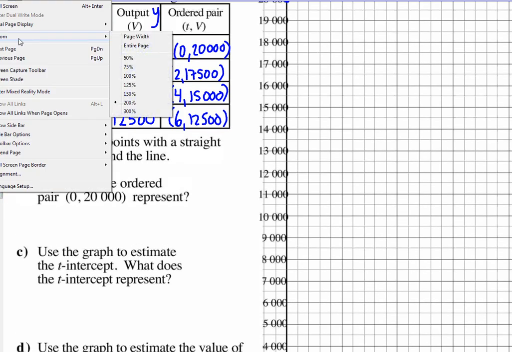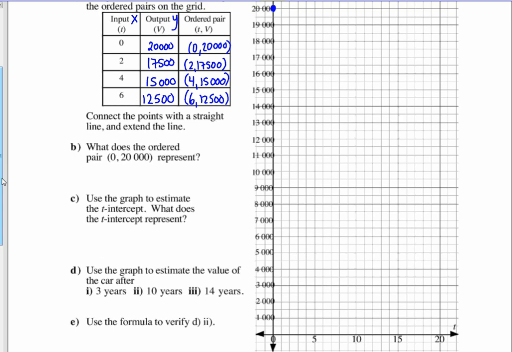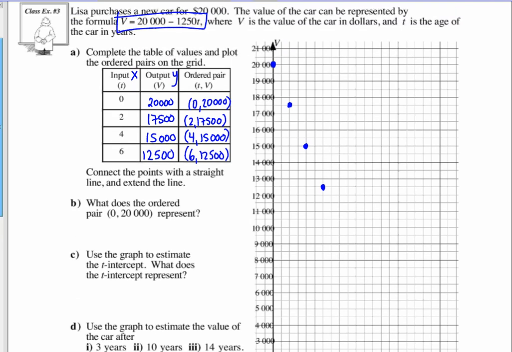I'm going to change my view. Okay, 2 is 17,500. 4 is 15,000. 6 is 12,500. You plot those points.